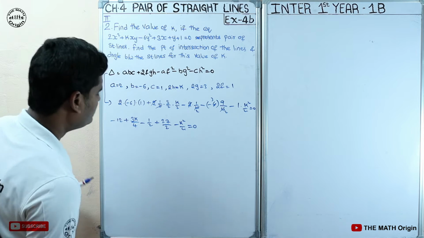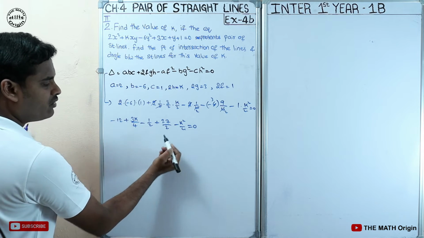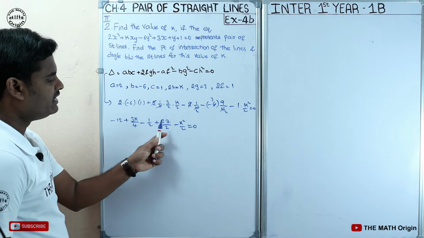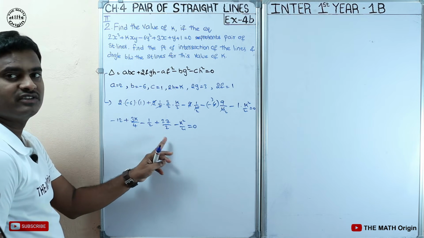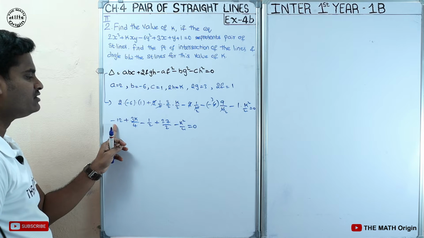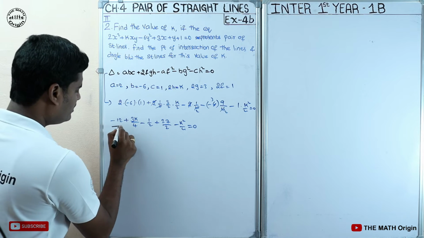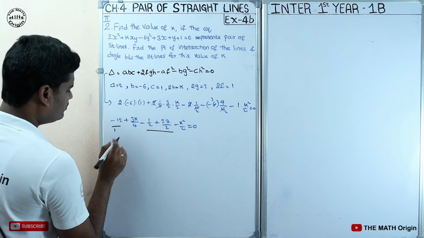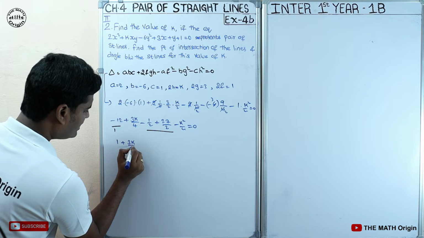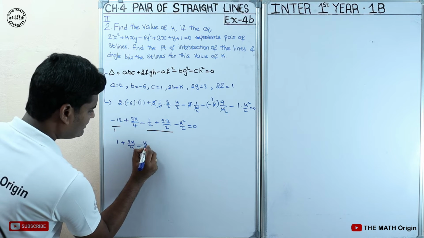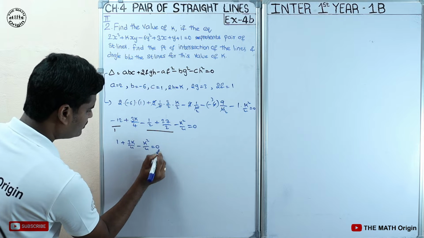Okay, here if you see this value, -1 plus 27 whole divided by 2, which is plus 26/2, which is 13. 13 minus 12 is 1. So the whole value becomes 1. So 1 plus 3k by 4 minus k square by 4 equals 0.